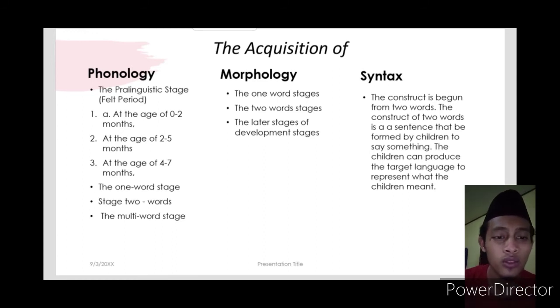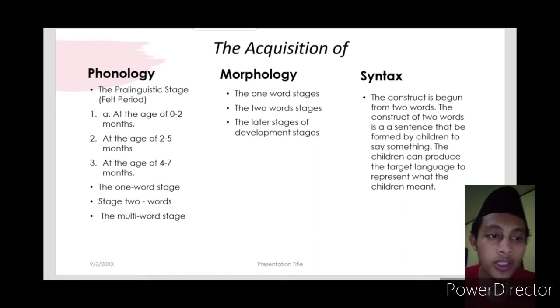And then after pralinguistic, that is the one word stage. The one word stage is at 12 to 18 months. In this stage, children say one word to state what they want or what they mean, or one word represents one sentence. And then stage 2 words. Stage 2 words is at 18 to 24 months.